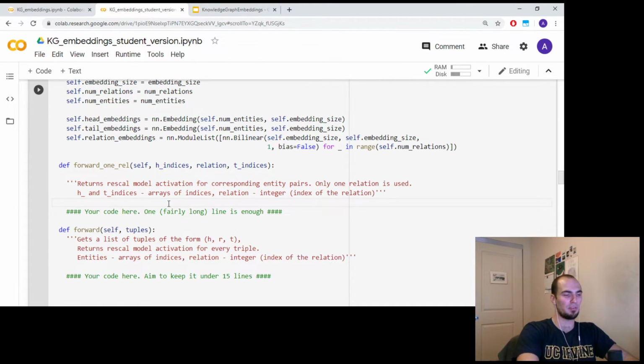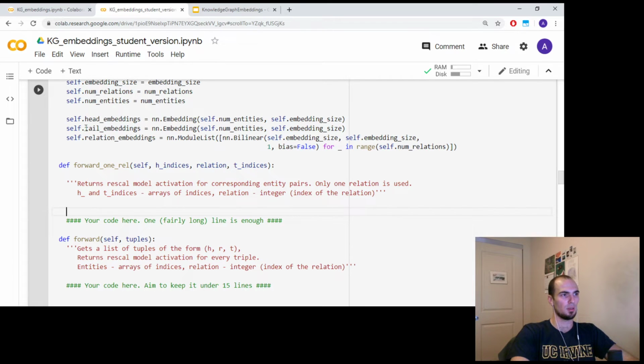So this is a direct application of this embedding layer and relation embeddings module. It should be just a one-liner. We're going to return right away self relation embeddings of the relation index. This thing is going to give us the corresponding bilinear layer.